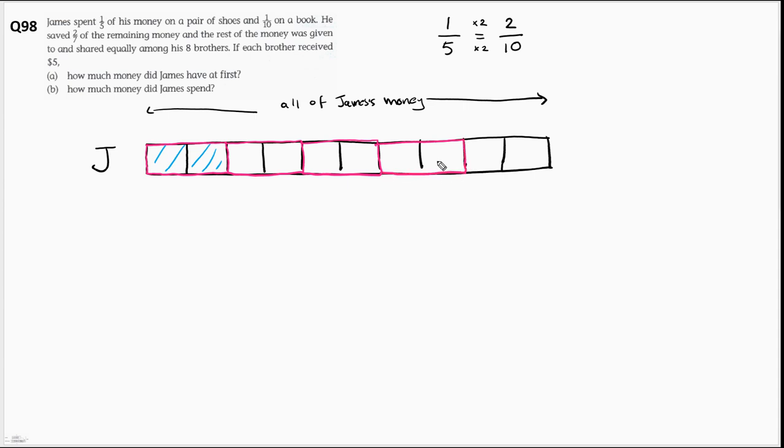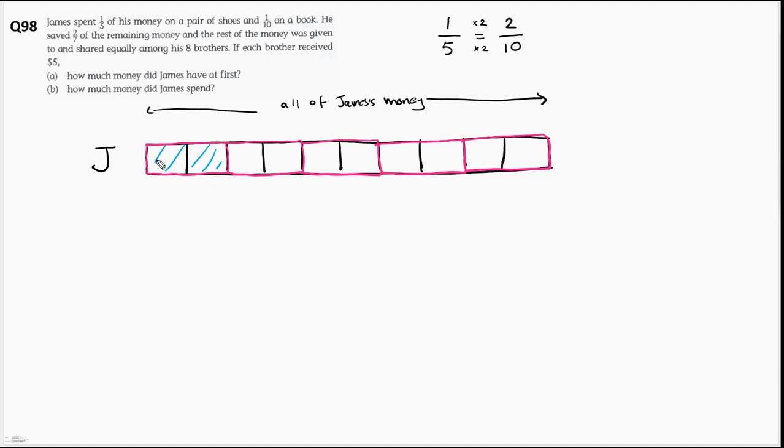Can you see these pink parts? How many of these are there? 1, 2, 3, 4, 5. So this is a fifth, and it's also 2/10.